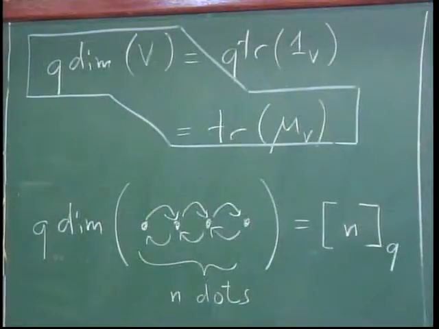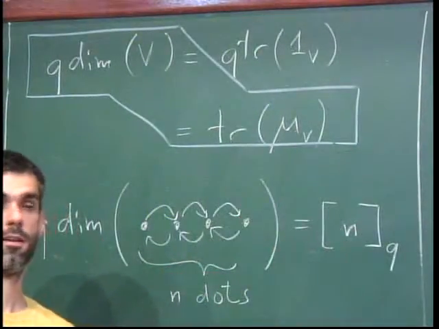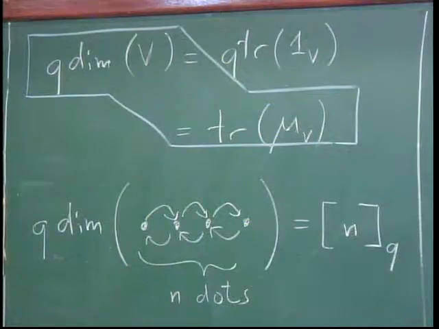So the quantum dimension of the n-dimensional representation is the quantum number n. Let's see if I can write it in a suggestive way.